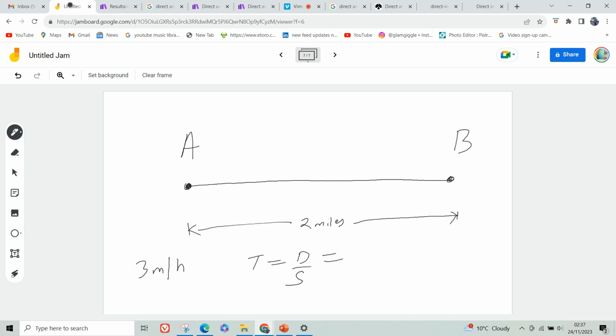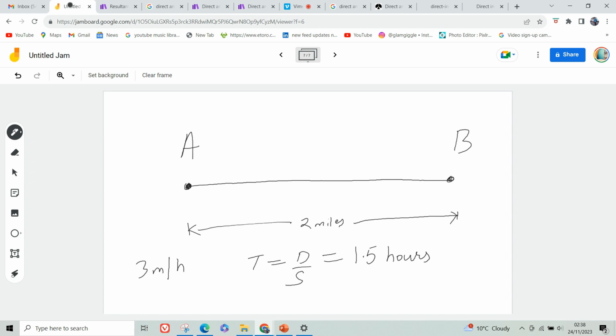Now if you are walking at a speed of 3 miles per hour, then what will be your time taken? Your time will be 3 over 3 divided by 2, which is 1.5. You will take 1.5 hours.